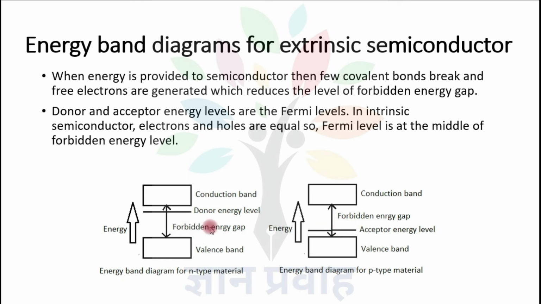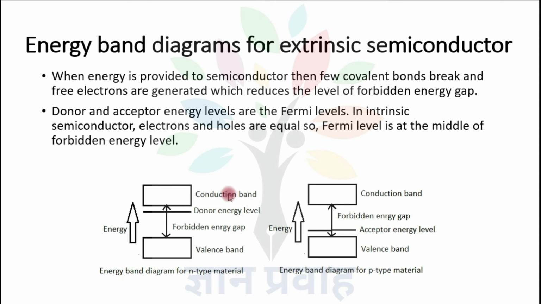The forbidden energy gap is approximately equal to 1 electron volt in semiconductor material. In N-type material, electrons are in majority and holes are in minority, so the free charge carriers, the electrons, are available in large quantity. It means the Fermi level, called the donor energy level, is shifted towards the conduction band.